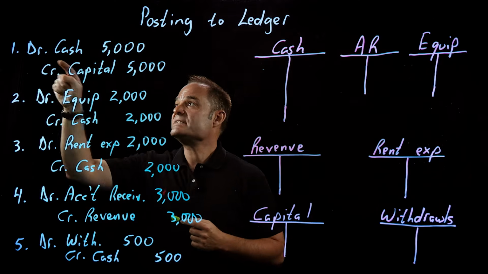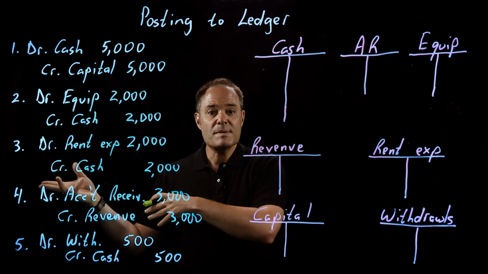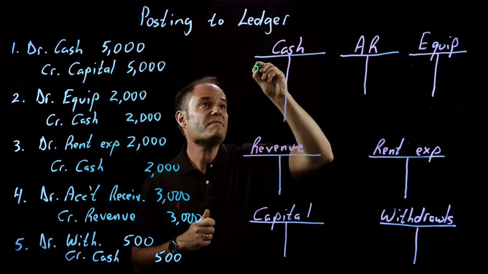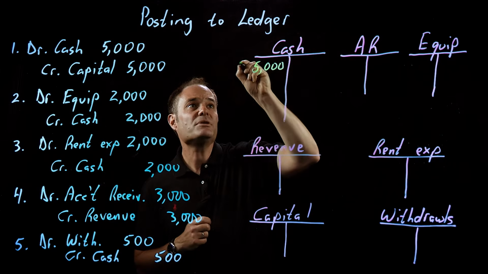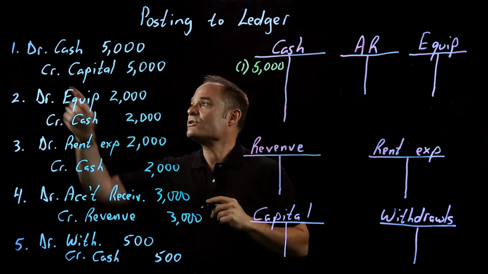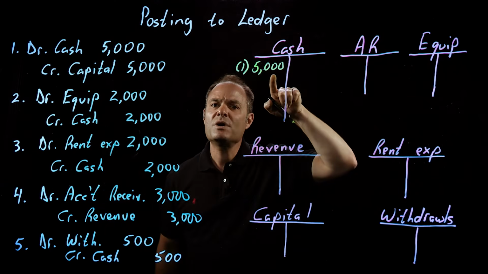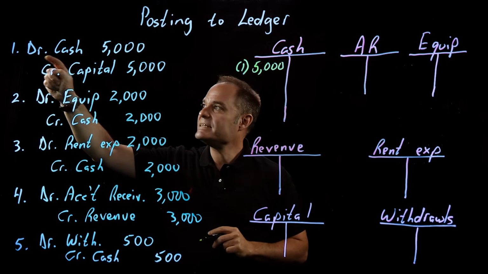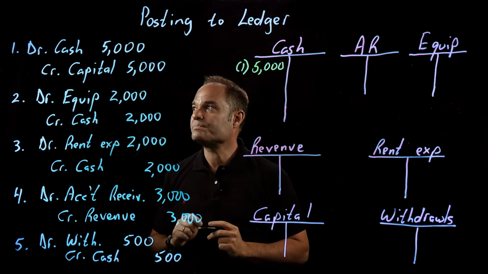The first transaction, we have a debit to cash of $5,000. Debit, remember, is the left side of the T account. So I'm just going to put 5,000 over here, and I'm going to put a little 1 next to it. That corresponds to this being transaction number 1. Just in case I want to know where that $5,000 came from, I can always go back to my journal and see that it was transaction number 1 and it referred to this transaction over here.